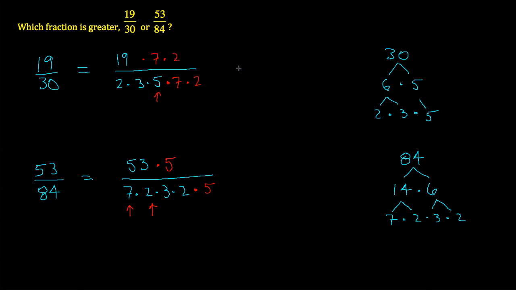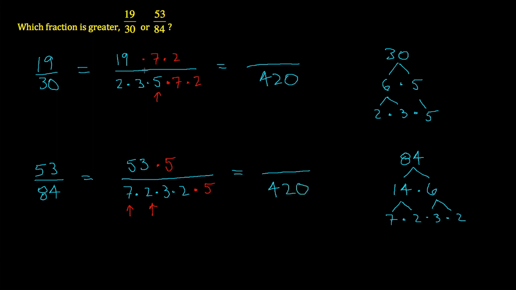Well, now, when I go ahead and multiply all the numbers in the denominator, I get 2 times 3 times 5 times 7 times 2. That works out to 420. So both denominators are now the same, and they are 420.